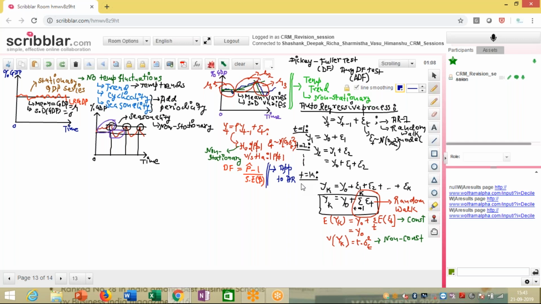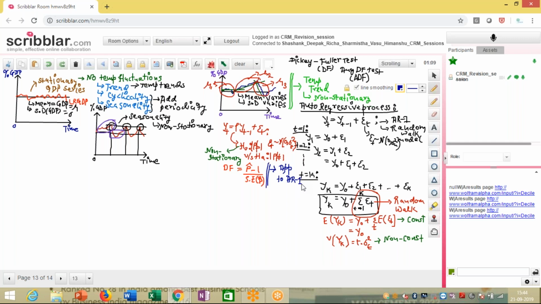Apart from testing for the significance, what it would actually tell you is which is the lag up to which the autocorrelation is more significant, and so on. So that is why the Dickey-Fuller test has been replaced by the augmented Dickey-Fuller test.